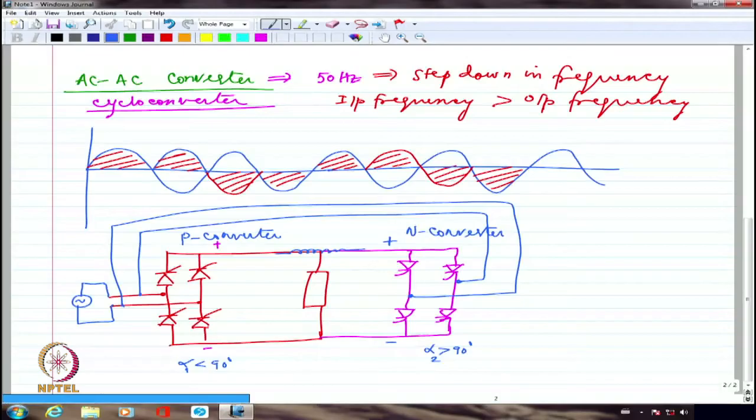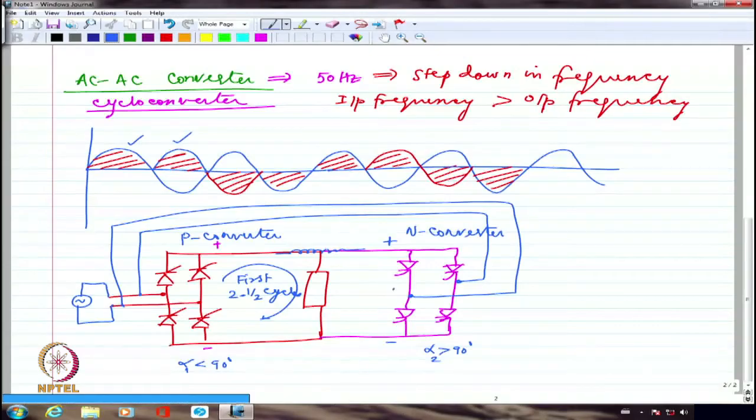So what is going to happen is, for the first two half cycles, for example, I will have the current flowing like this, right? This is during P converter operation. So this is the first two half cycles. For the next two half cycles, I will have a current flowing like this.